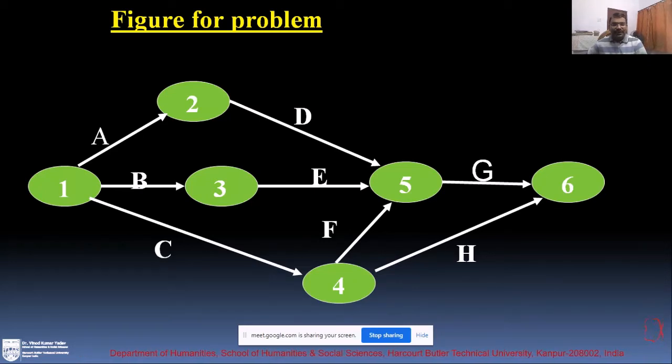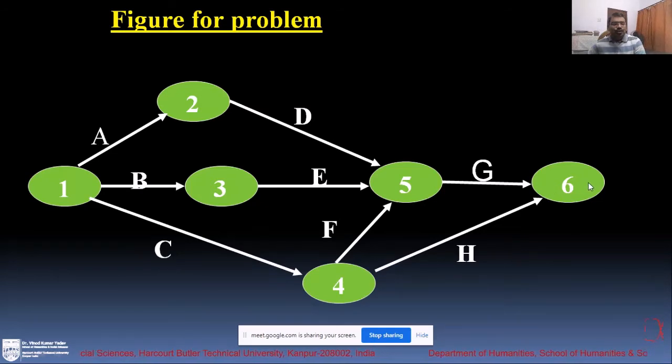Now what does critical path method mean? Critical path method means, if you look at it, you will find that a project starts from node 1 and it ends at node 6. You can understand that I activity was defined as 0, which means this is at 6 itself.